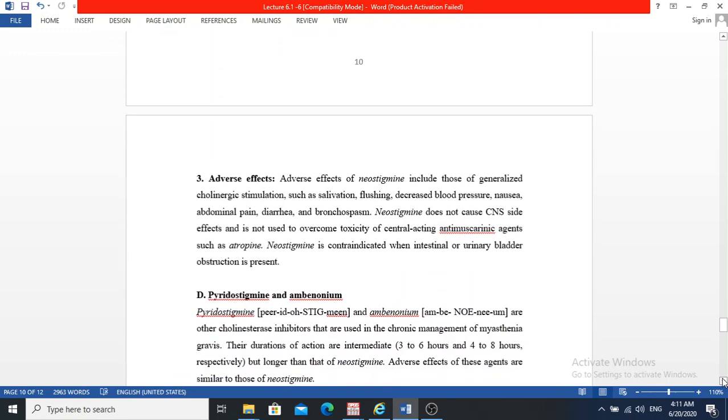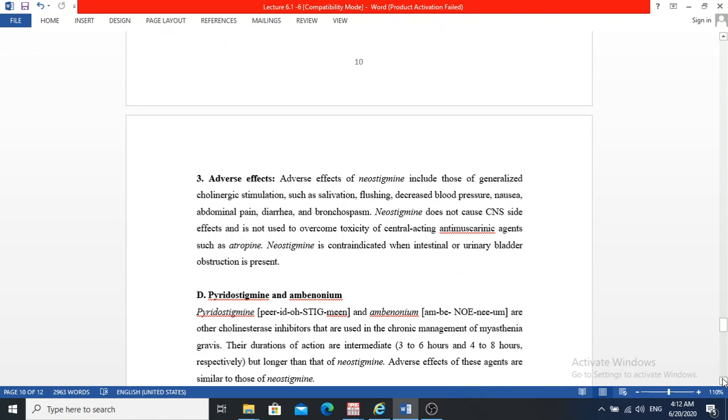The side effects include salivation, flushing, decrease in blood pressure, nausea, abdominal pain, diarrhea, and bronchospasm, but it does not have CNS side effects, and it is not used in overdose toxicity to control antimuscarinic agents such as atropine. Neostigmine is contraindicated when intestinal or urinary bladder obstruction is present.